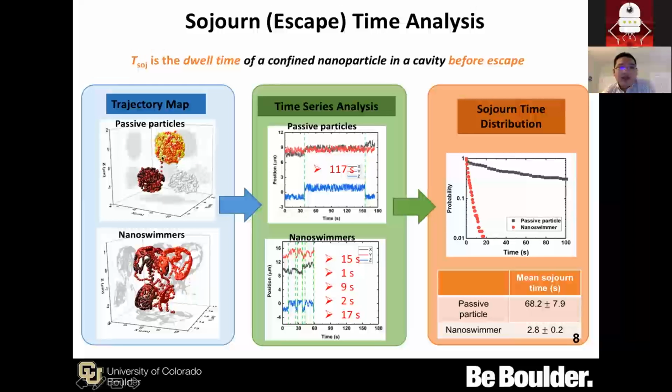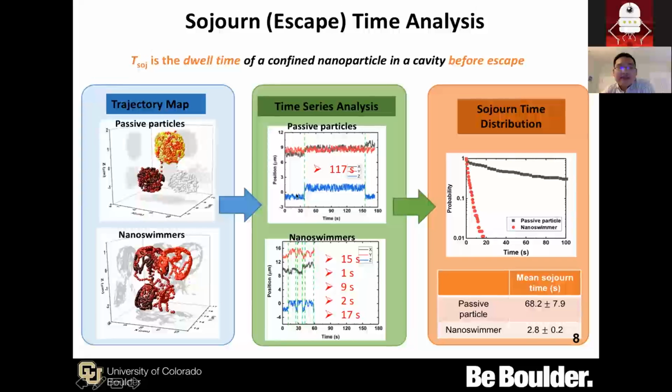This particle trajectory here is plotted, but actually it's just X, Y, Z position as a function of time. Therefore, we can plot this one. To identify all this kind of movement, what I did is a fluctuation analysis.